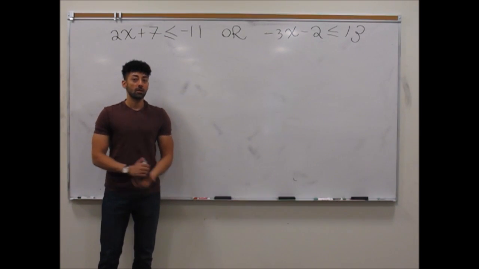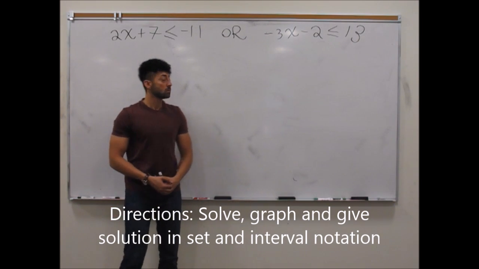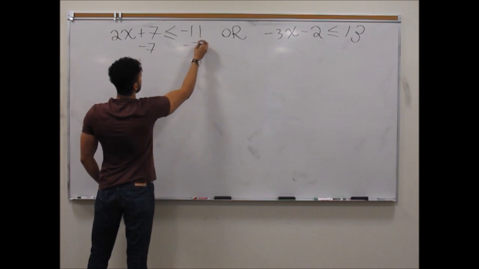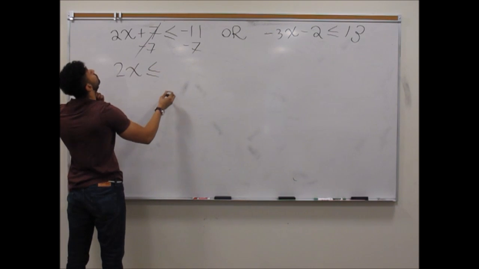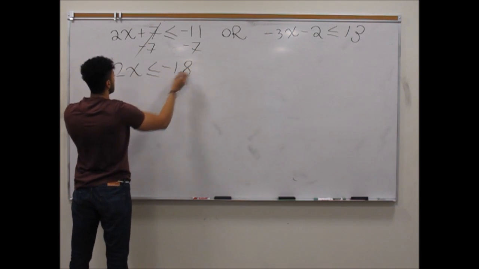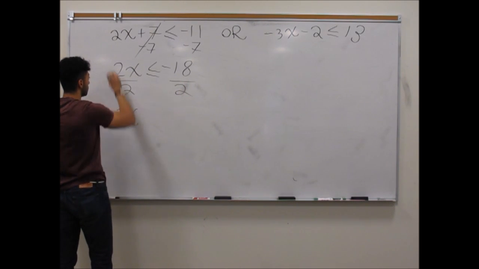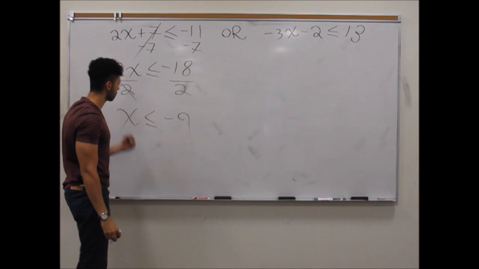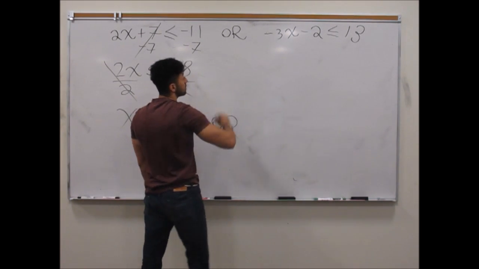Alright, so we've got another OR case. Let's go ahead and isolate it. So we're going to subtract 7 from both sides, get that 2x is greater than or equal to negative 18, divide by 2. See what happens on this side.